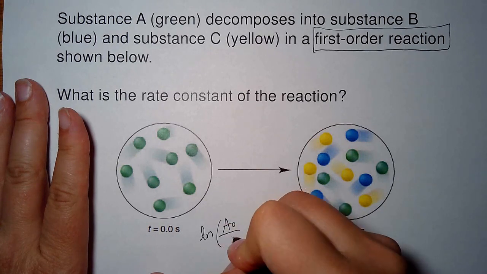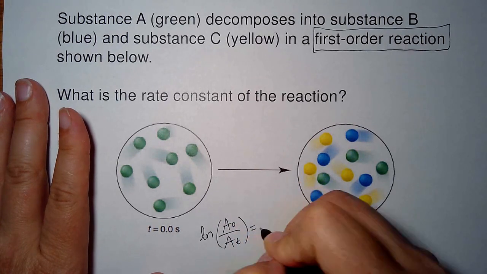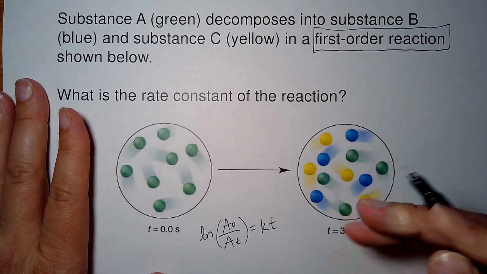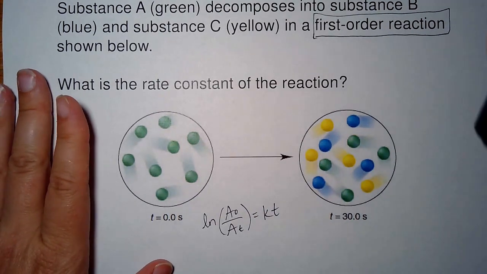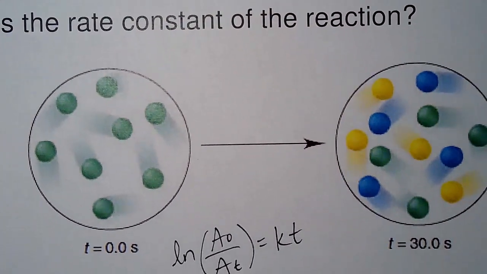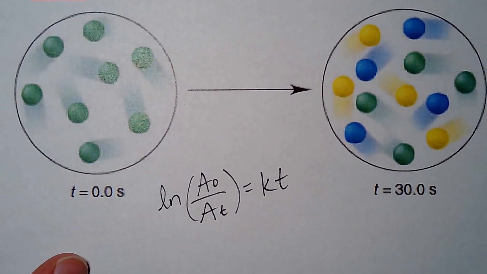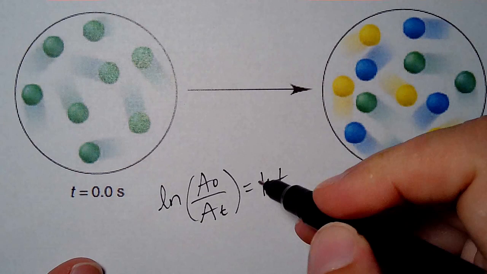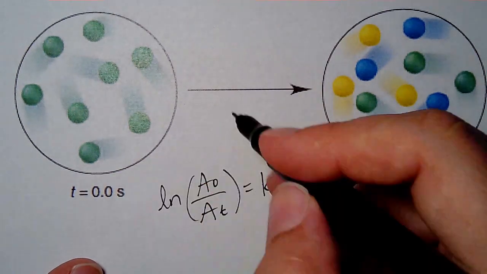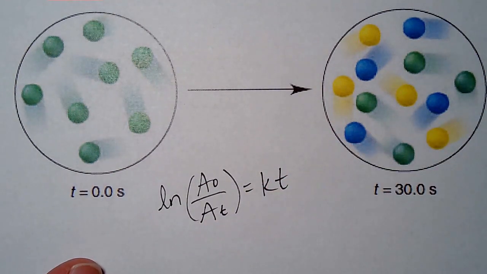Alright, so here's our integrated rate law equation. We're trying to find K, so we can solve for K here by plugging in our ratio of green balls. Since this is a ratio, the units are irrelevant.